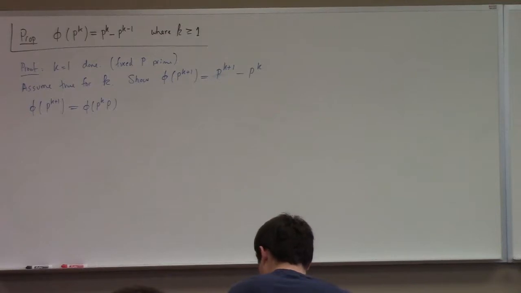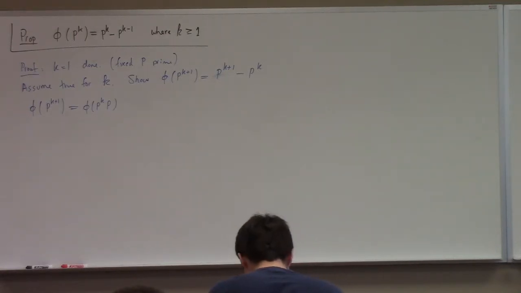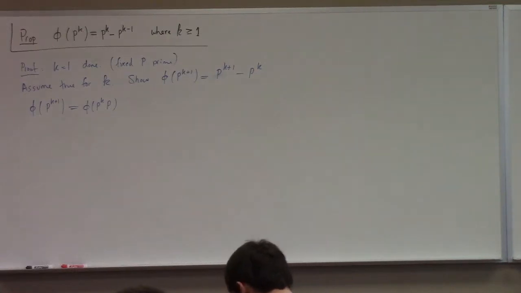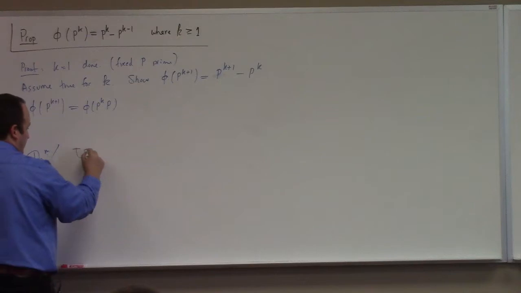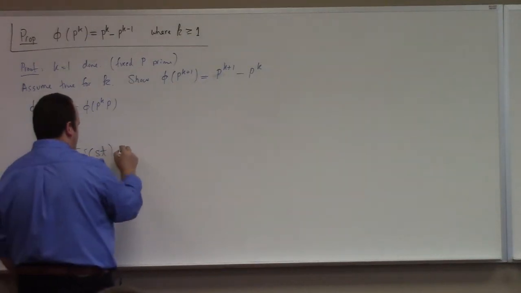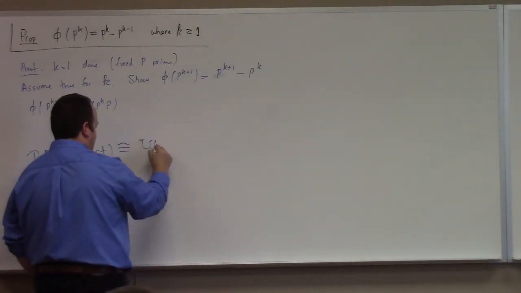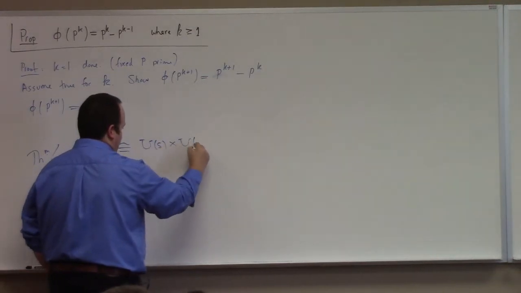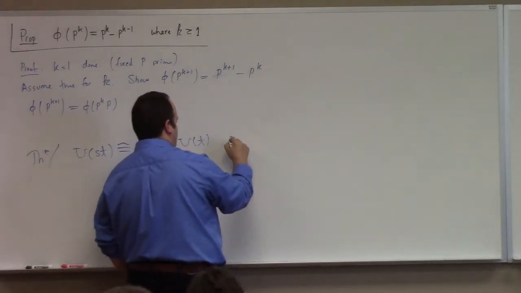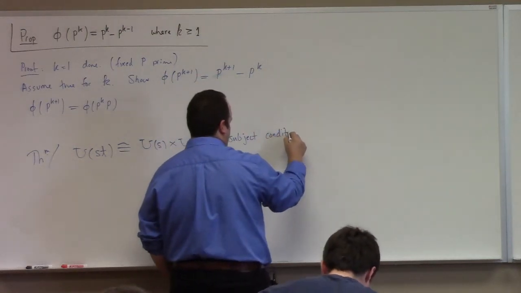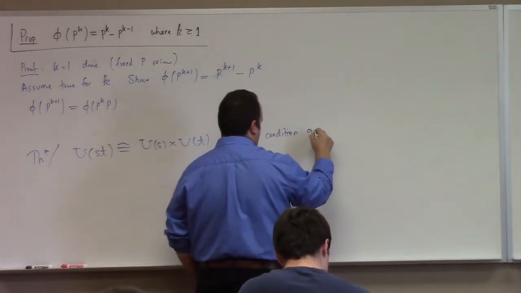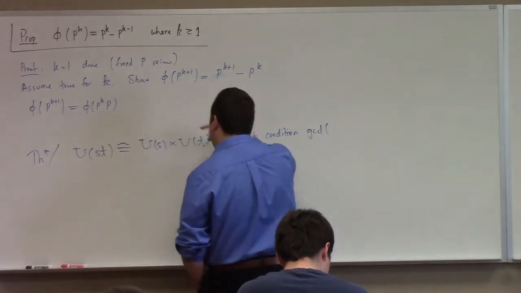But the thing is, the next theorem I have to prove is this. If we have U of st, it's isomorphic to Us cross Ut, but there's fine print on this, a condition. What's the condition? Are you sure about that?